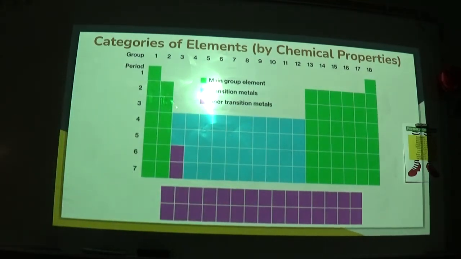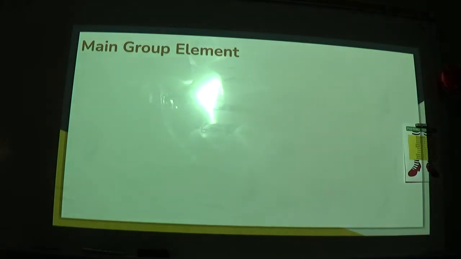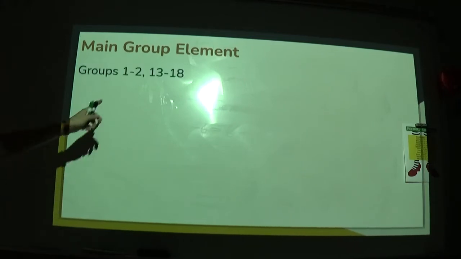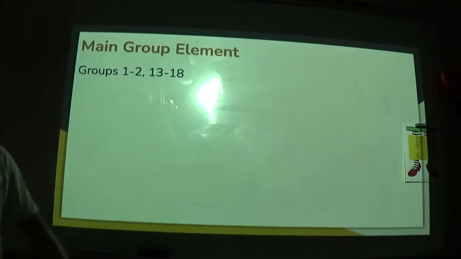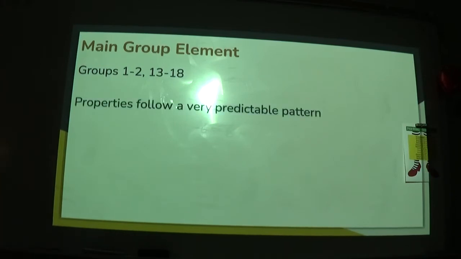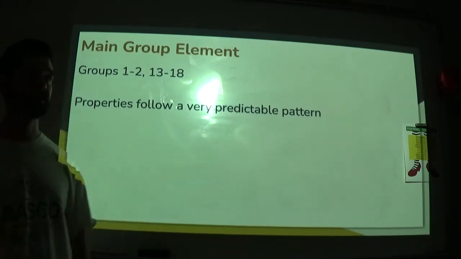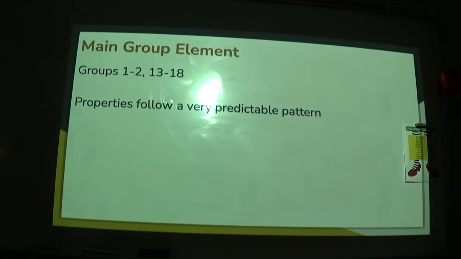Okay, here's the story with those. If I have main group elements, so that's group 1, group 2, skip 10, group 13 through 18: 1, 2, 13, 14, 15, 16, 17, 18. These elements have a very predictable pattern, and we're going to talk about these patterns probably tomorrow. Their chemical properties follow a very predictable pattern.